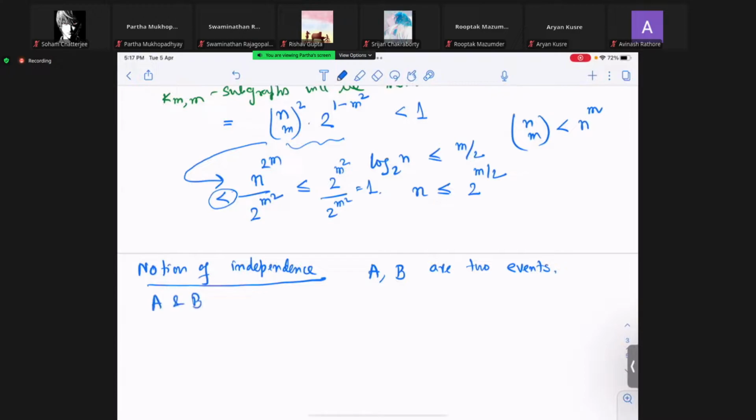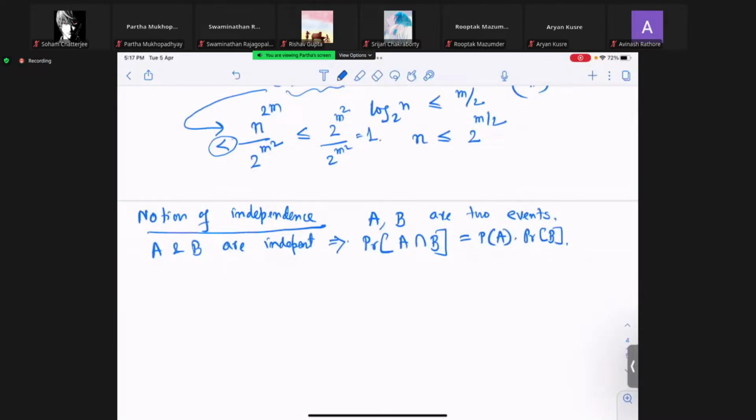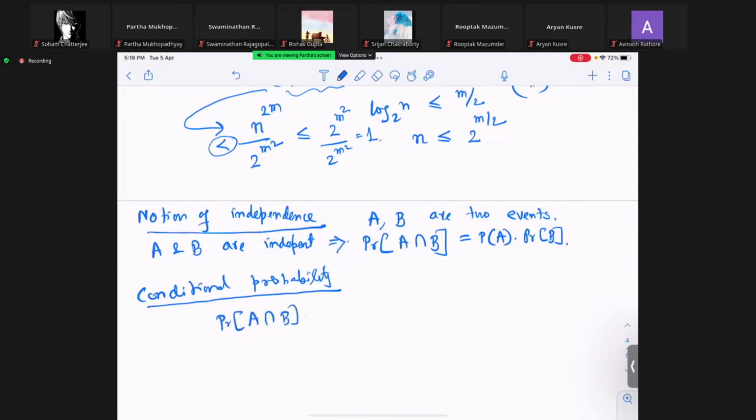So A and B are independent. This means the probability that A intersection B is the probability of A times the probability of B. We all know these things. And we also need the conditional probability.